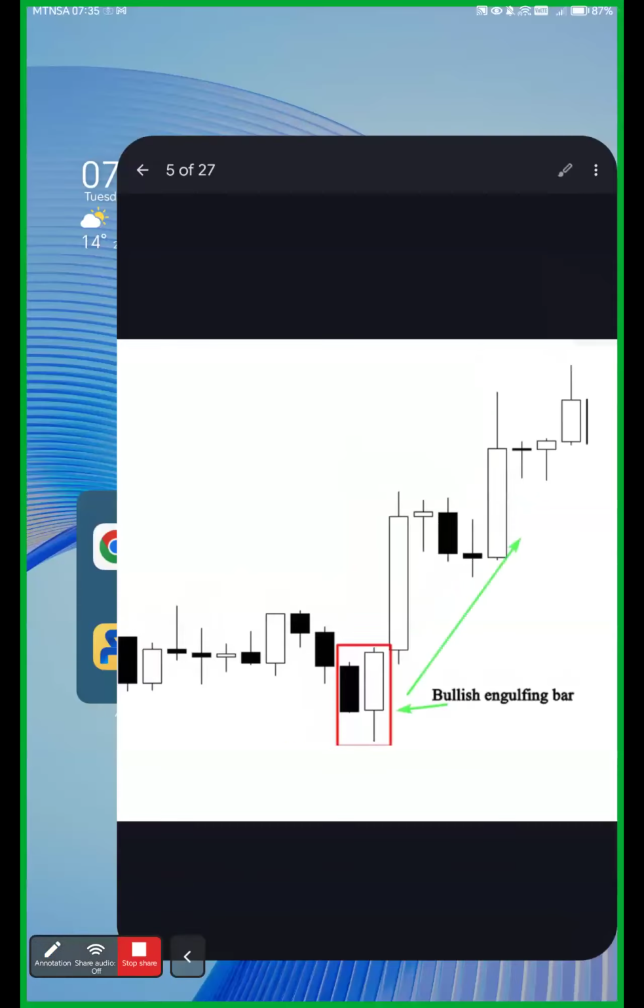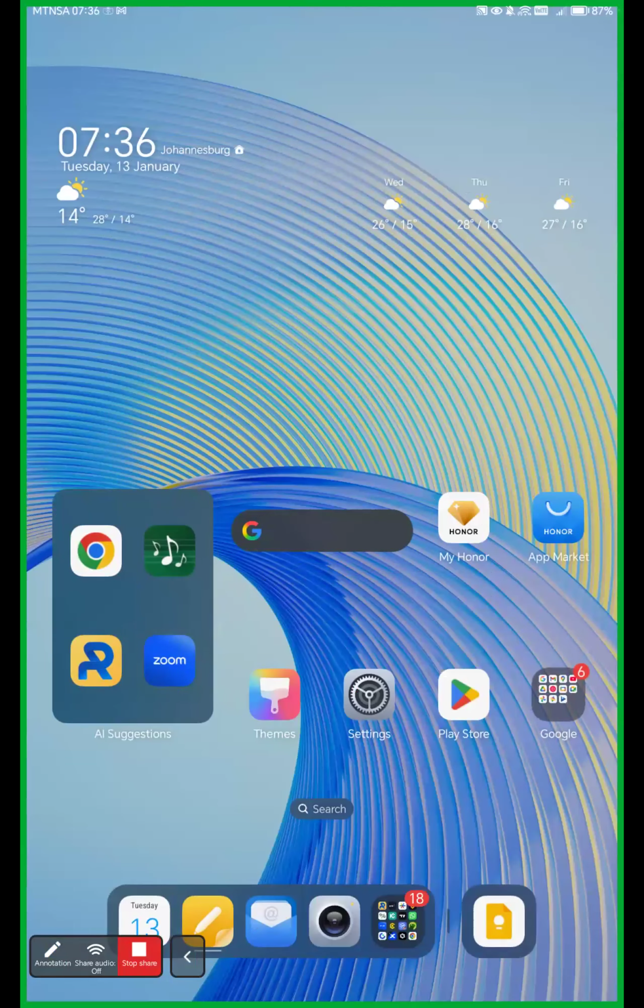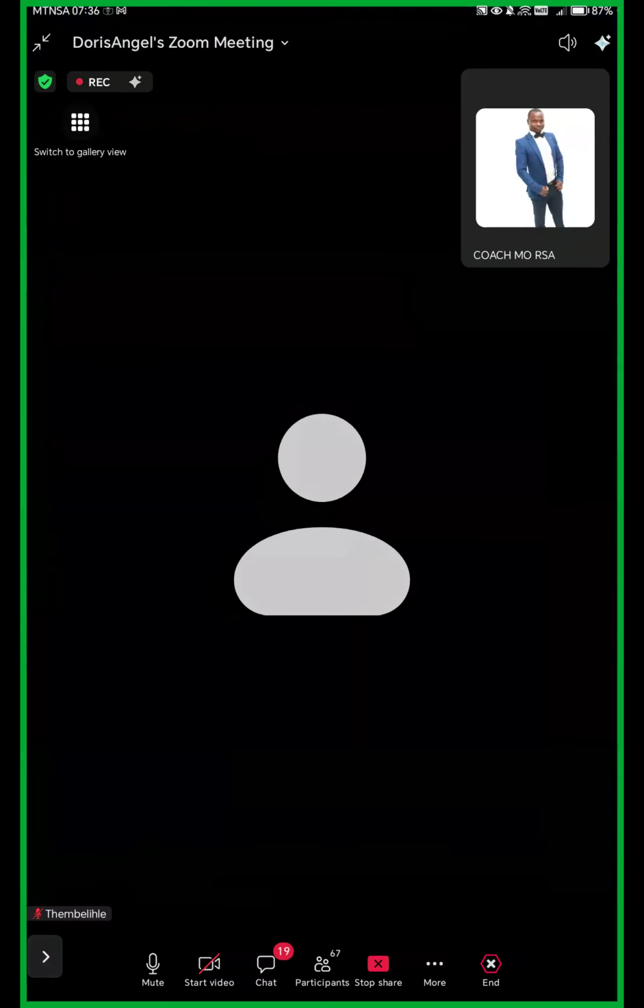Is there a question? Is there a question on engulfing bars? We are done with engulfing bars. There is a bullish one, there is a bearish one. Is there someone remaining behind on engulfing bars? Because I'm not coming back here.